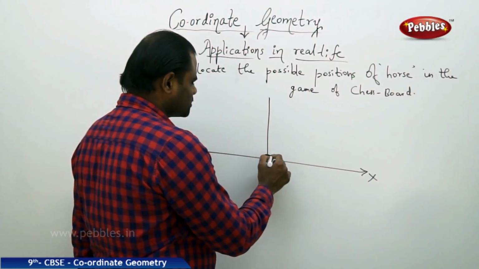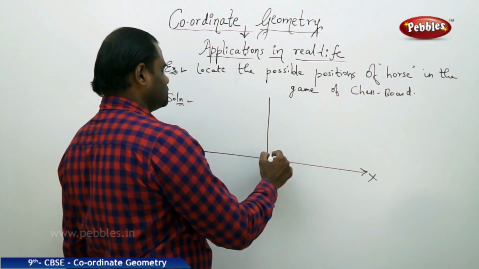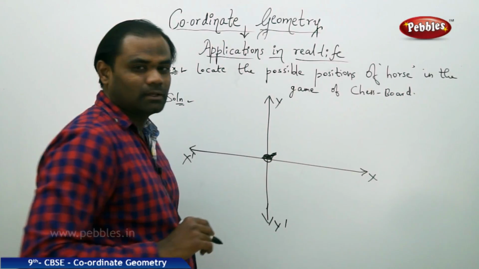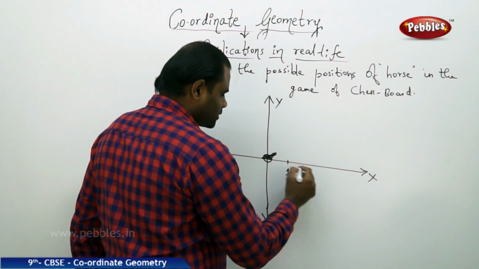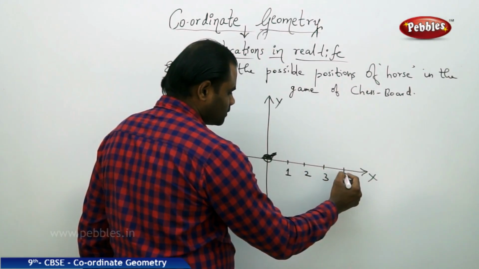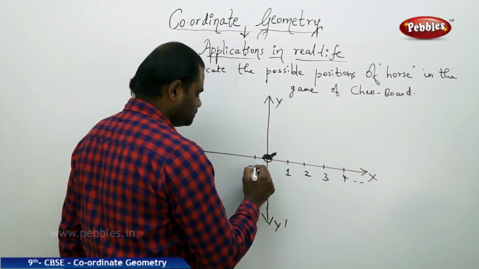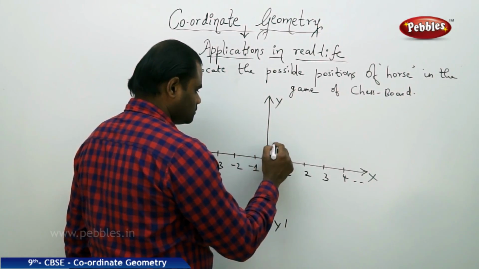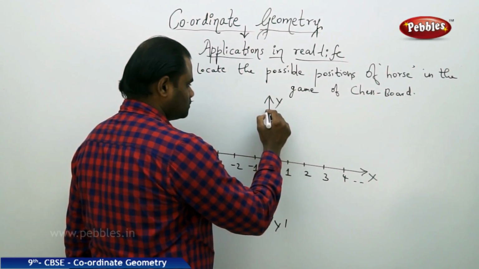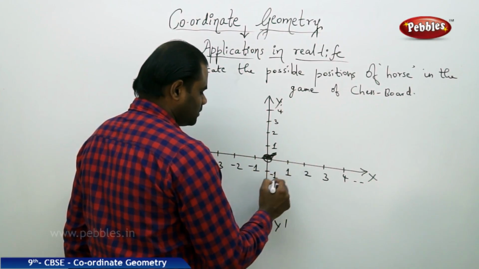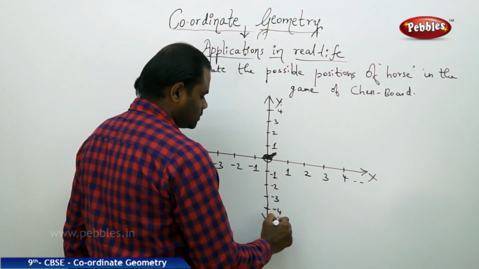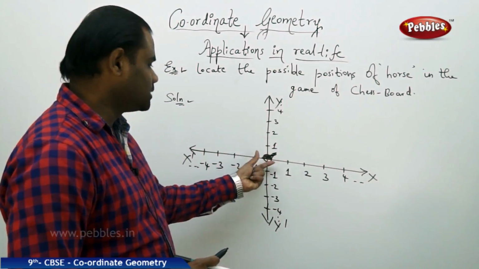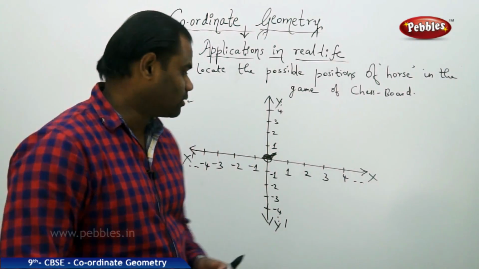Now let's take the values on x-axis as 1, 2, 3, 4, etc., and here comes -1, -2, etc. With this coordinate system, now comes the assumption that the horse is in its initial position, that is at origin.